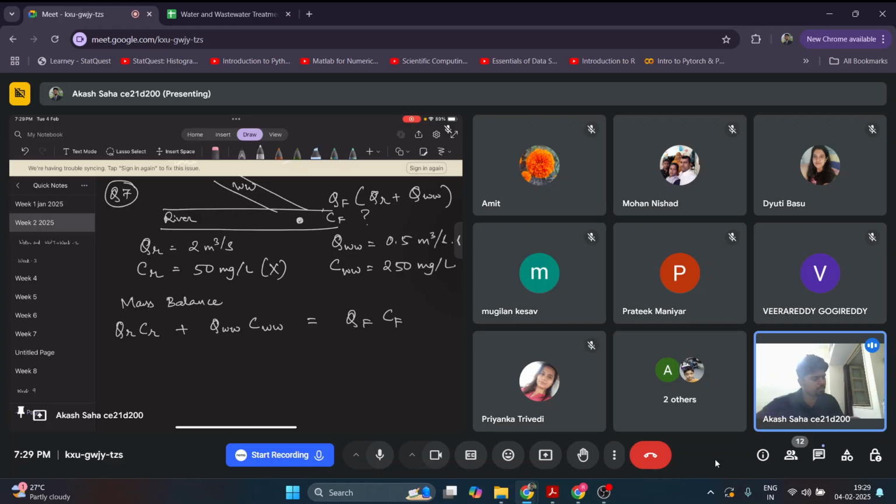So just input the values: 2 into 50 plus 0.5 into 250 is equal to 2.5 into CF. So my CF will be 90 milligram per liter. Very basic.